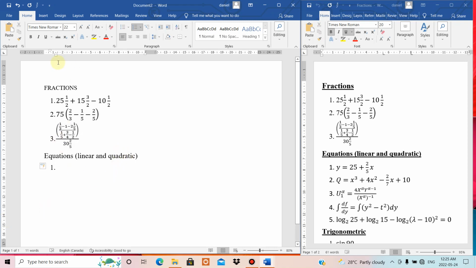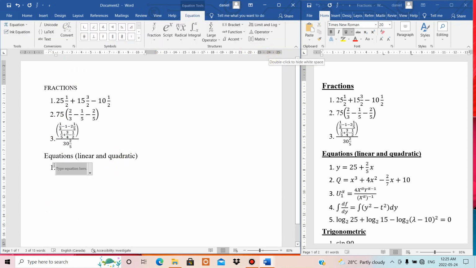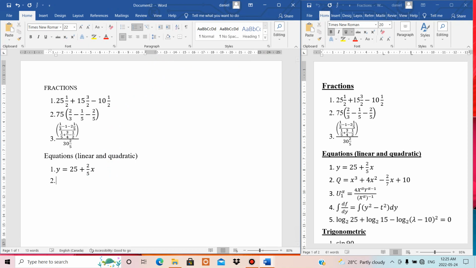So you have y equal 25 plus a fraction, that's 2 on 5 x. That's simple. The first is very simple. The second contains a superscript.